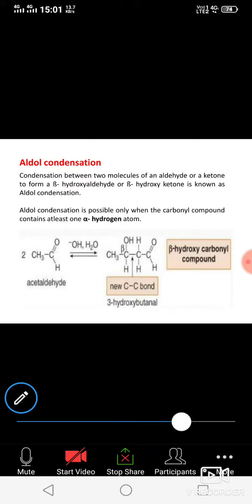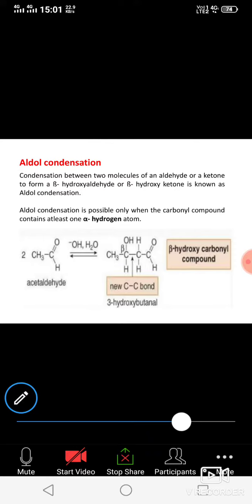For the aldol condensation reaction, your carbonyl compound, that is aldehyde or ketone, should have alpha hydrogen. If they do not have alpha hydrogen, they will not undergo the aldol condensation reaction. They will proceed for the Cannizzaro reaction. If you remember, we have studied the Cannizzaro reaction.